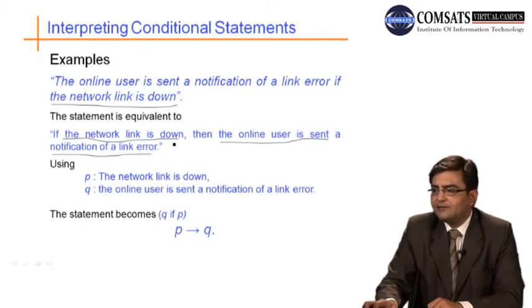If we say the first proposition is P, the network link is down, and Q, the second proposition, which is the conclusion, the online user is sent a notification of a link error, then this conditional statement can be written as, if P then Q, or P implies Q.